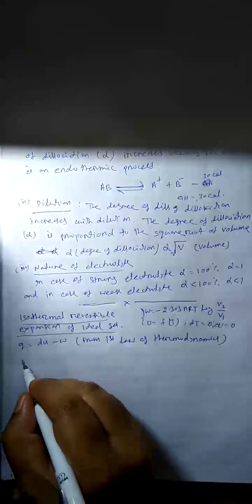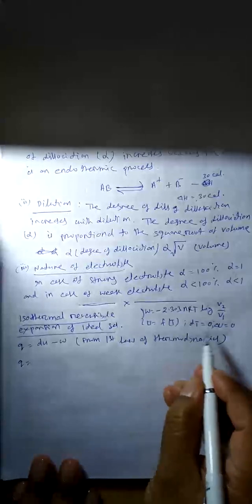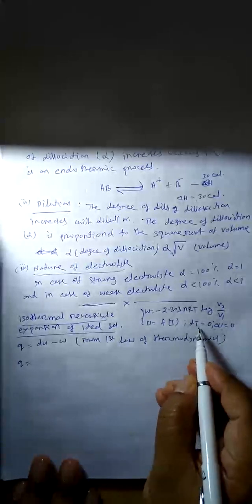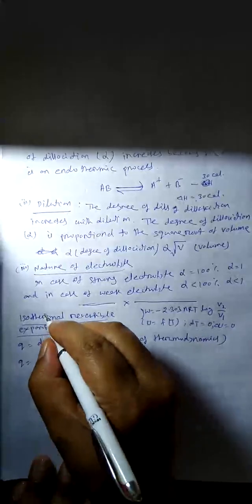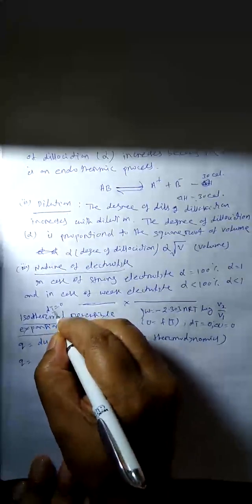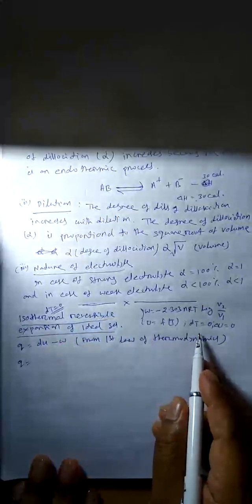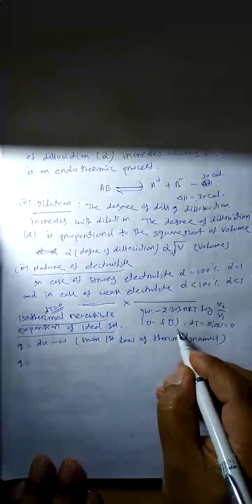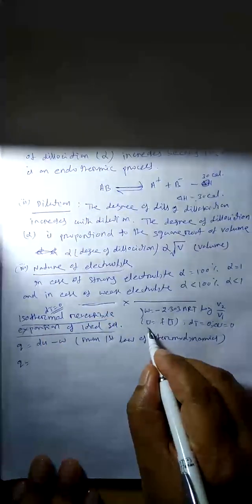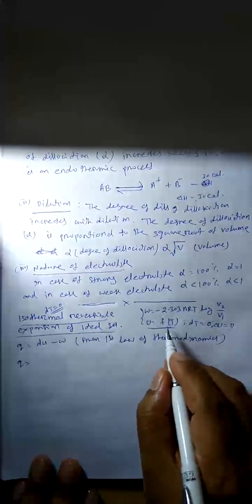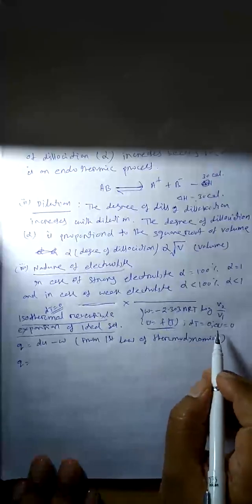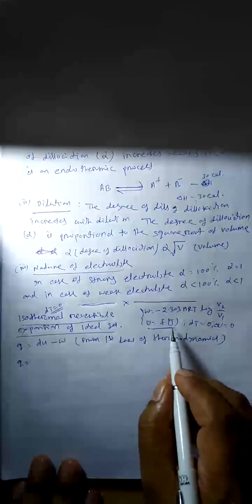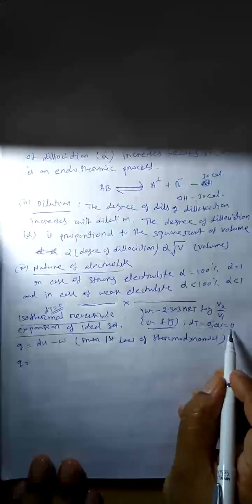Delta U is equal to 0 at constant temperature in an isothermal process, since isothermal means dT is equal to 0. U is a function of temperature in case of ideal gas only. It is not applicable for van der Waals gas. So for an ideal gas, dT is equal to 0 and delta U is equal to 0.